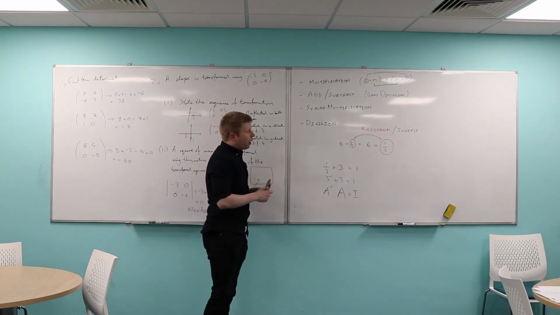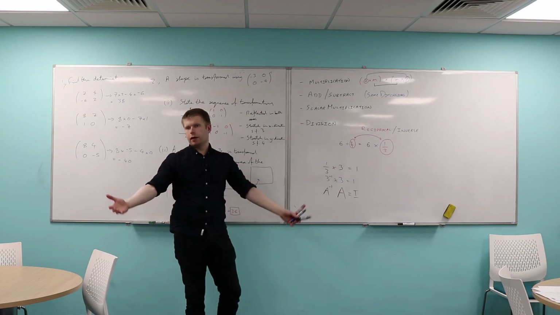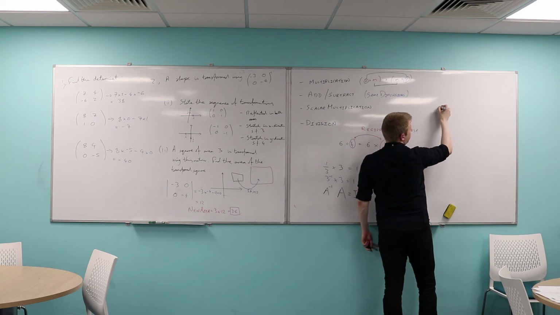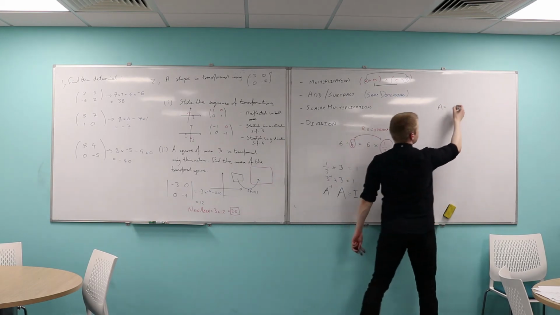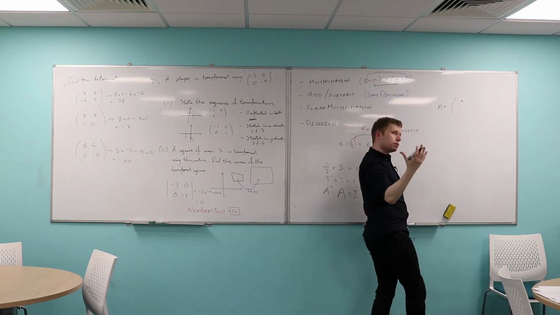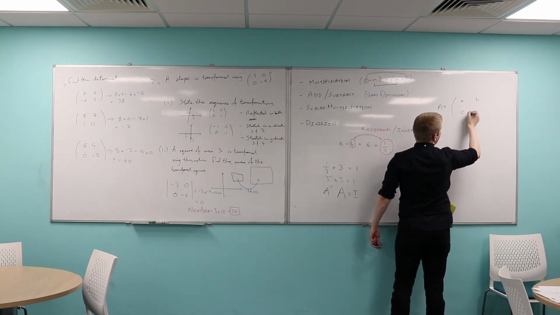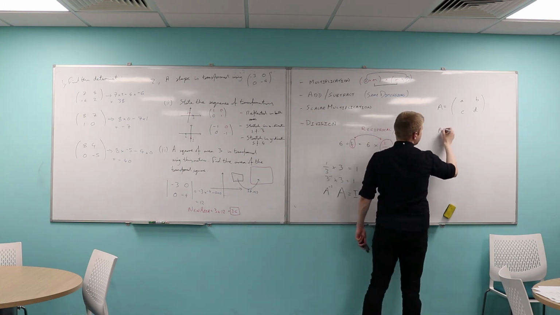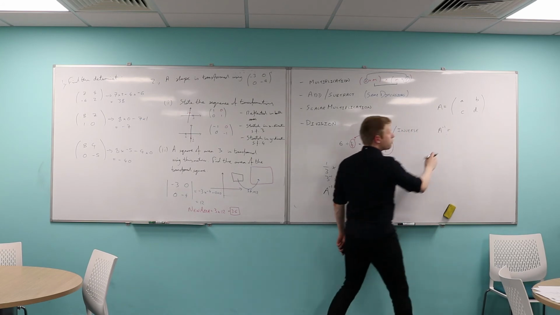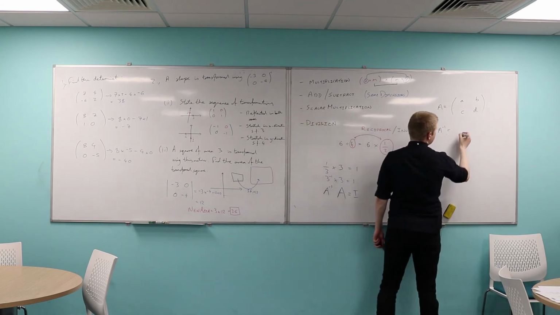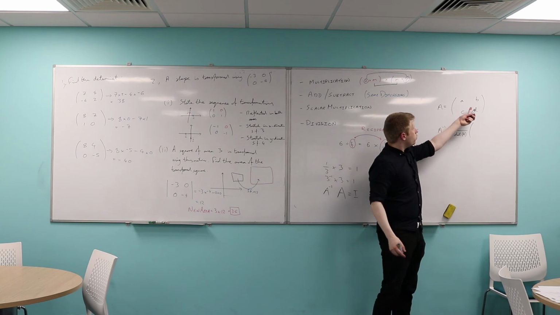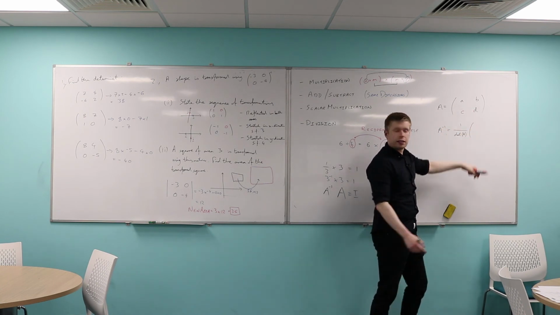Now, I'm not actually going to give you a proof because it's a Monday evening and you probably all want to go home. So instead I'm just going to give you the formula. So if my matrix A has 4 elements, a, b, c, d, then the inverse matrix, and you can sit down and prove this if you wish, is just going to be 1 divided by the determinant of A, multiplied by a matrix where I switch the elements on the leading diagonal around.